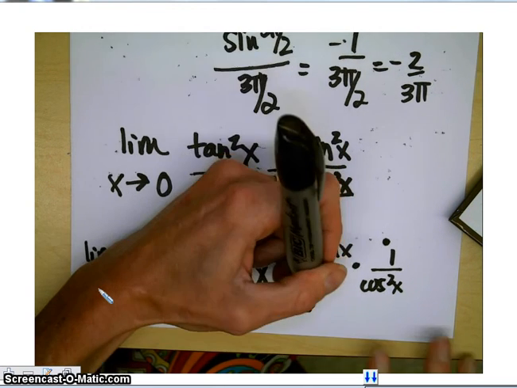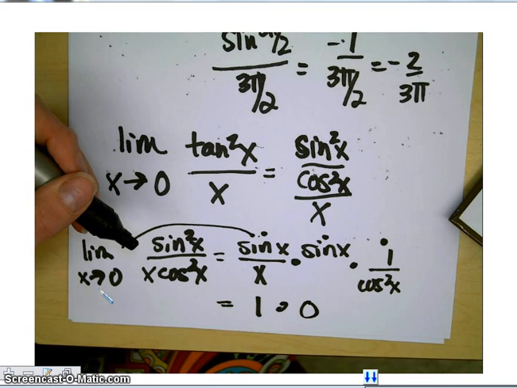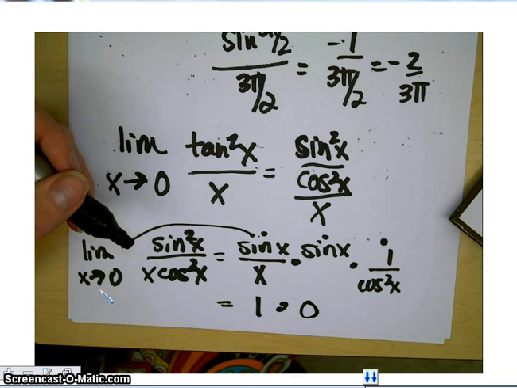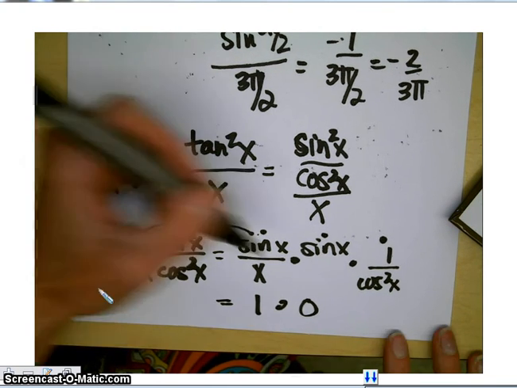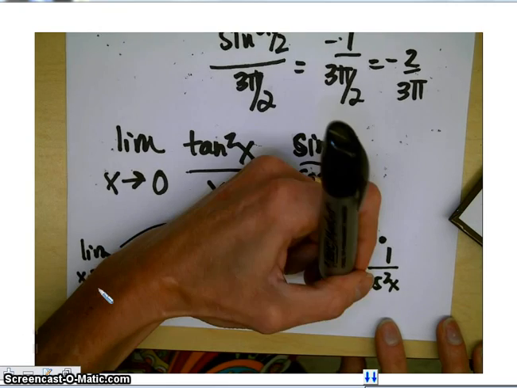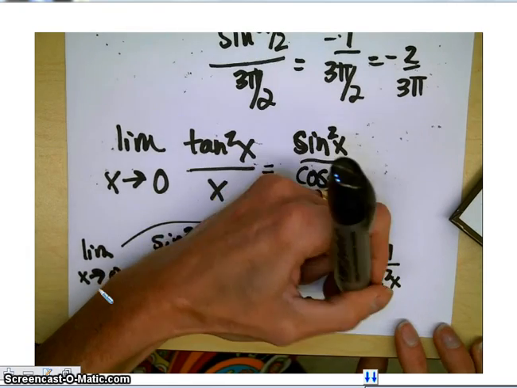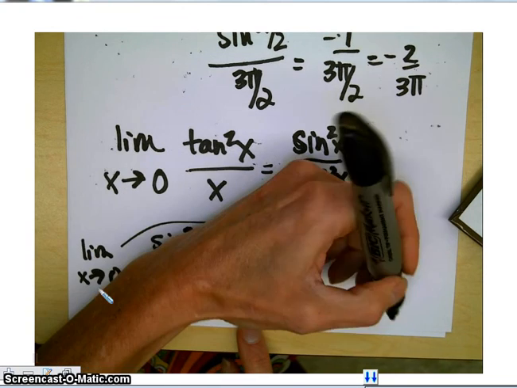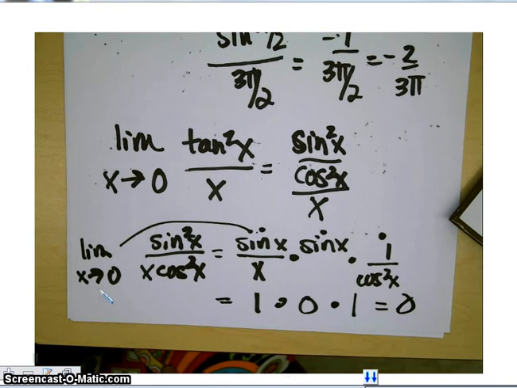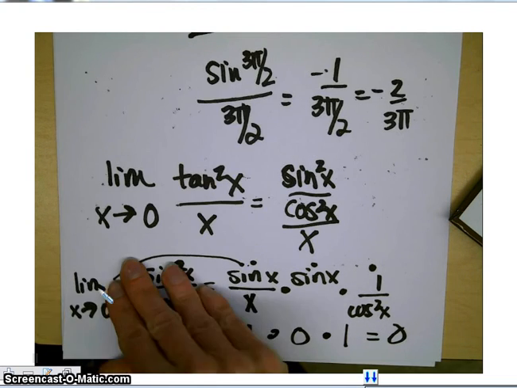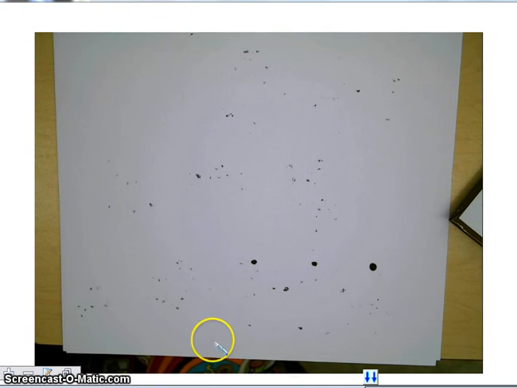It's 0. Is 0 okay? 0 is not indeterminate form. It's just 0, not 0 over 0. What's the cosine of 0? 1. 1 squared is 1. 1 divided by 1 is 1. So what's 1 times 0 times 1? 0. And it's okay because I'm not trying to divide by 0. So that's about as complicated as your homework will get. Very briefly, the squeeze theorem.